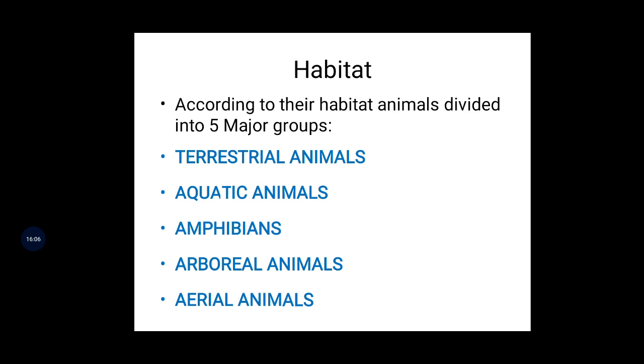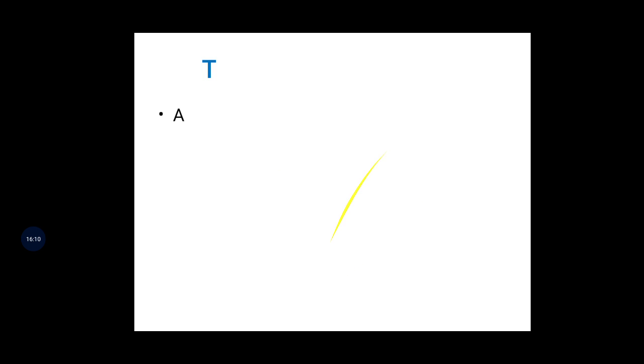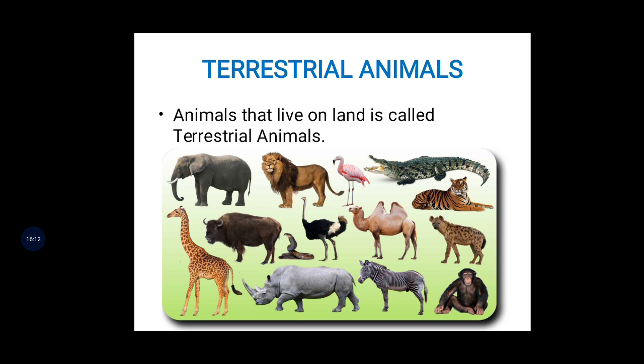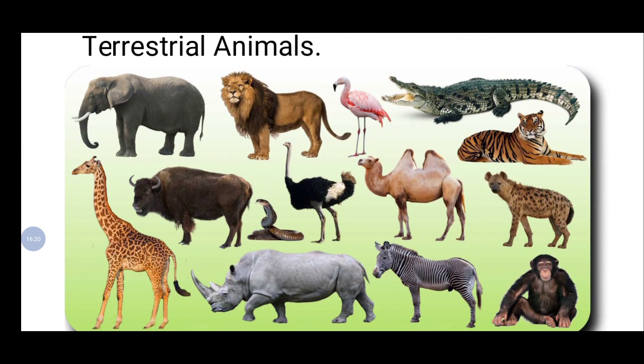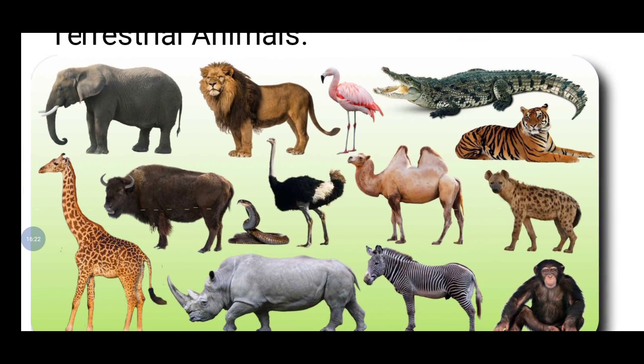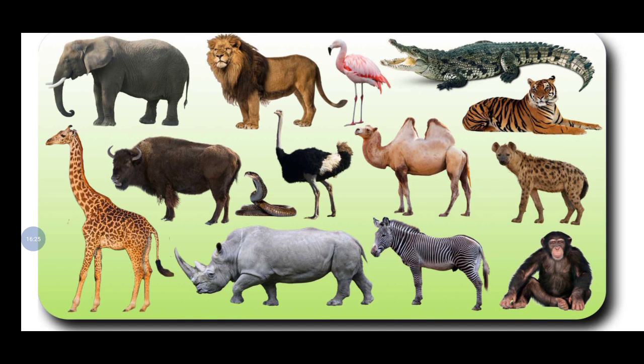Okay na? So we started the discussion only about the terrestrial animals. Terrestrial animals also have different categories. Animals that live on land are called terrestrial animals. These are the animals that are present on land.